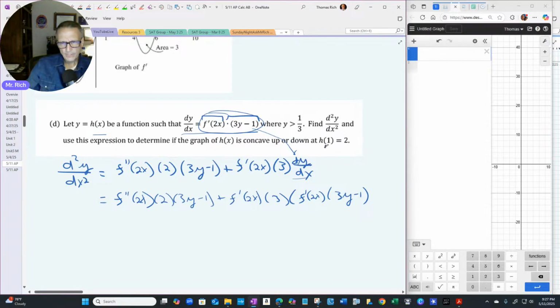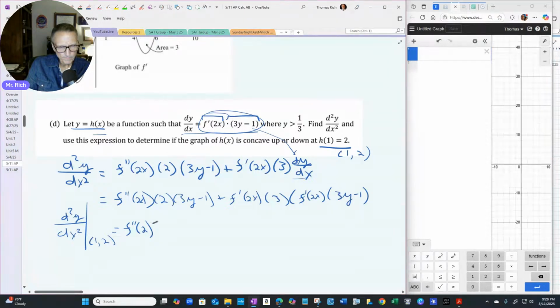Okay, so now they're telling us that for this function that we don't know, we do know one of its points is at the ordered pair (1, 2). So we are going to evaluate the second derivative now at that point. So we will evaluate it at (1, 2). So that's going to be f double prime of 2 times 2.